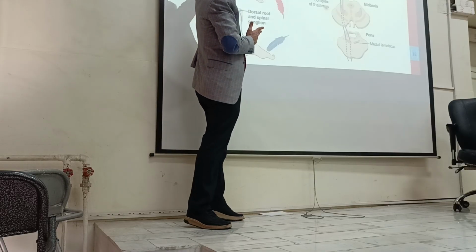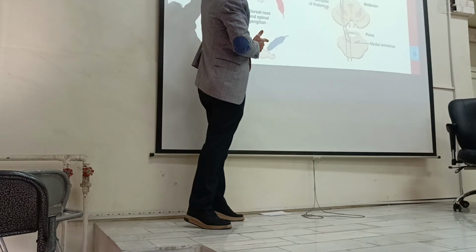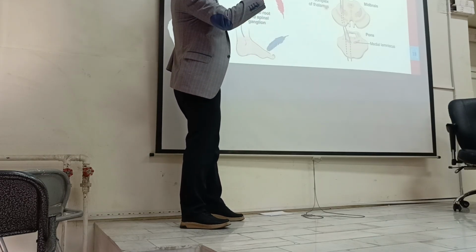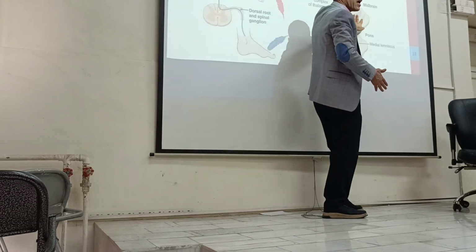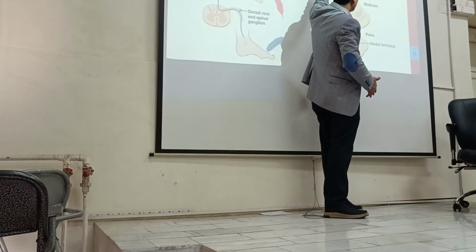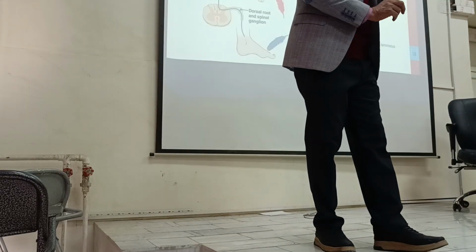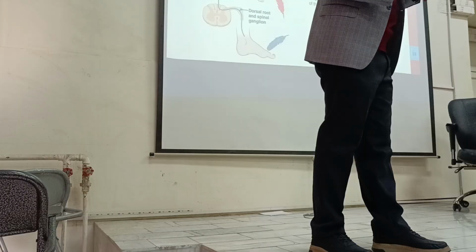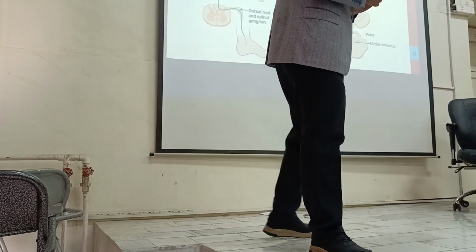So they go up until they reach the dorsal column nuclei in the medulla. So the red one also crosses the midline, so it goes to the opposite side and goes up through the pons, midbrain and reaches the thalamus. Then from here they go to cortex. So again we have 3 neurons: DRG neuron, dorsal column nuclei neuron, thalamus neuron. They go to cortex, right?